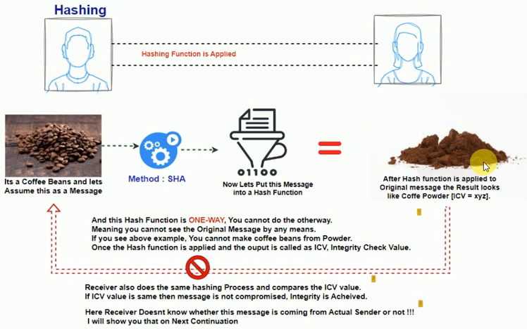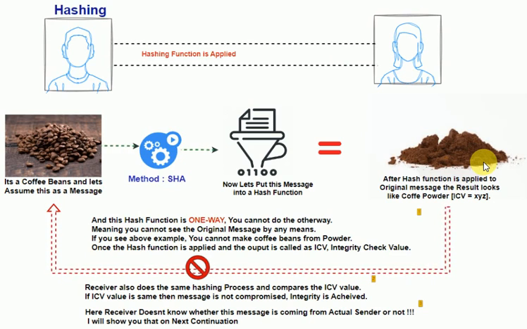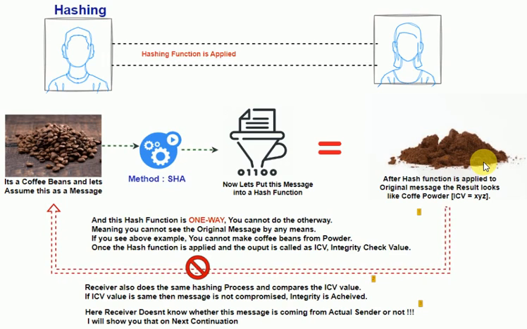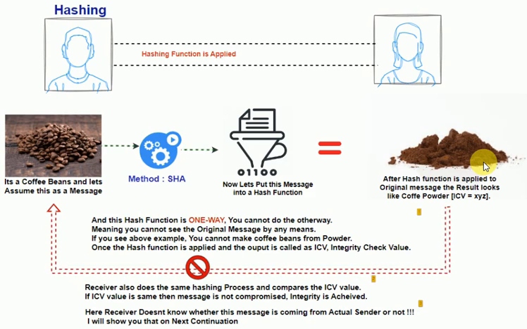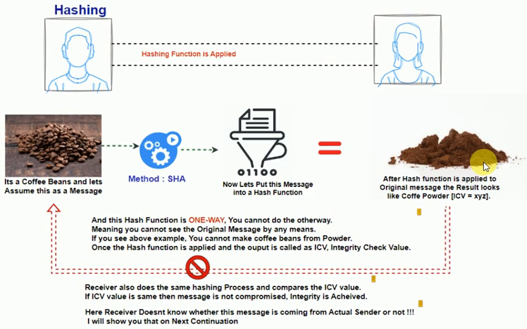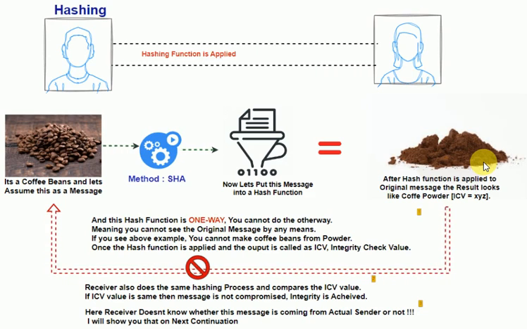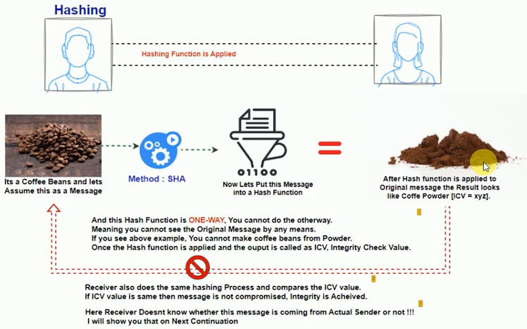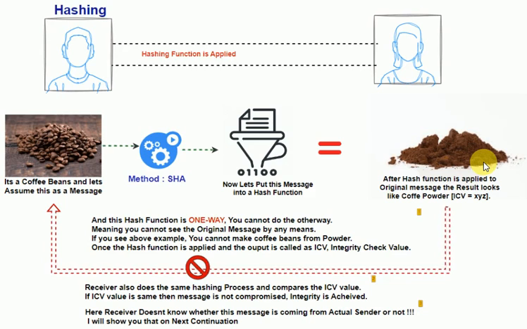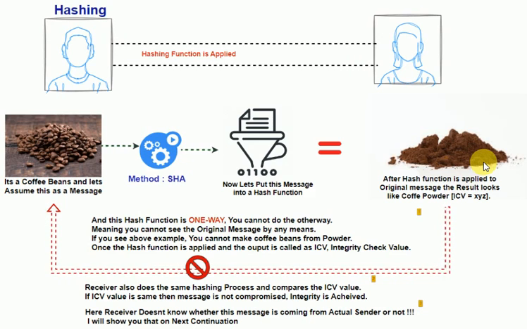Can you put this coffee powder back in the same grinder and make coffee beans again? No, right? By any technology or any means, you cannot make coffee beans from the powder. So what I want to explain is that the hashing function is one way. You cannot do it the other way.